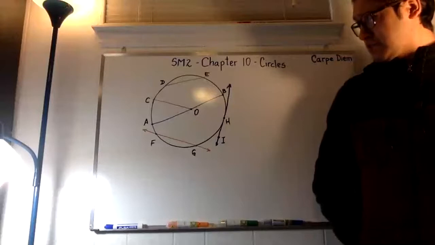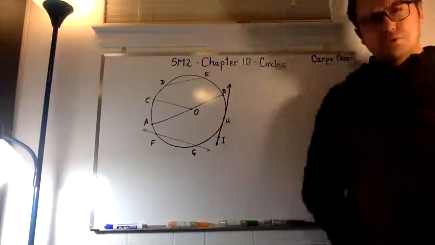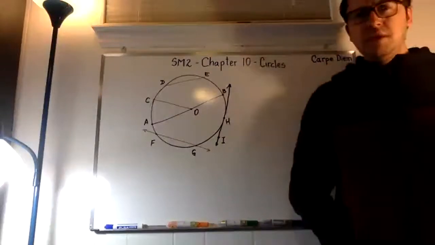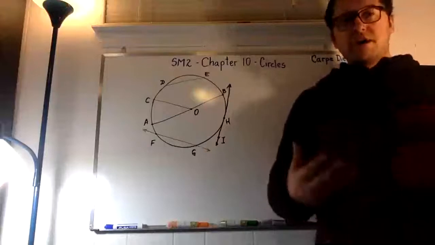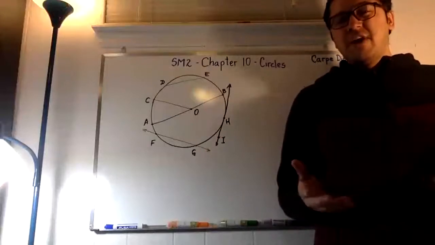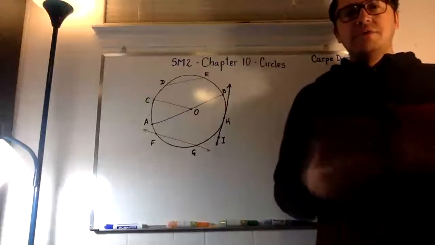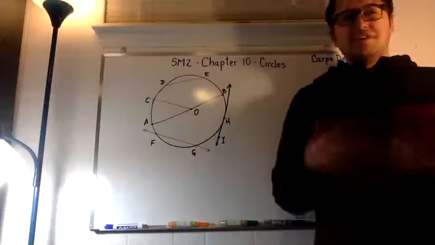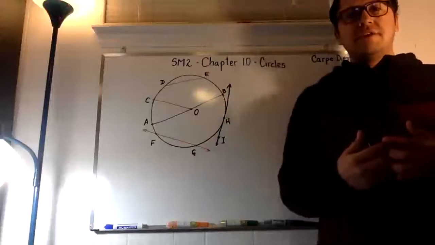I'm just going to say a few words about what we are going to do in this chapter 10. Basically, to understand those theorems and those concepts, we do certain exercises where you have to find missing values. Hopefully now you understand how this works, and it's kind of a repetitive exercise, right?